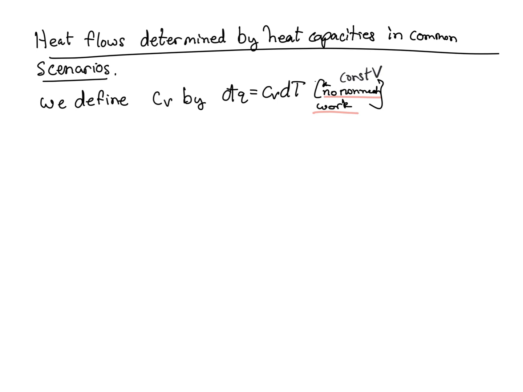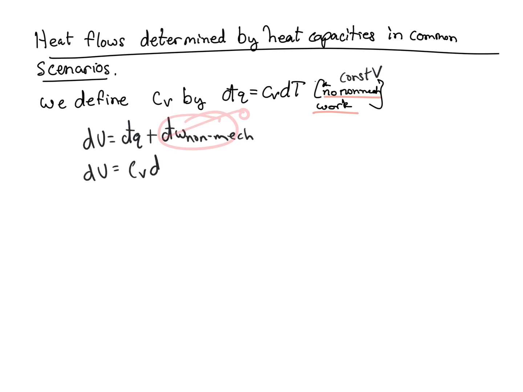And let's see what that actually gives us in terms of the change in energy under this situation. We have our equation from before, dU is d bar q plus d bar work non-mechanical. Well, we've just defined that the non-mechanical work is 0. So under this situation, dU is equal to d bar q, and therefore dU is equal to CV dT.